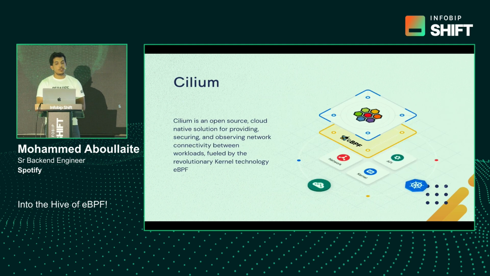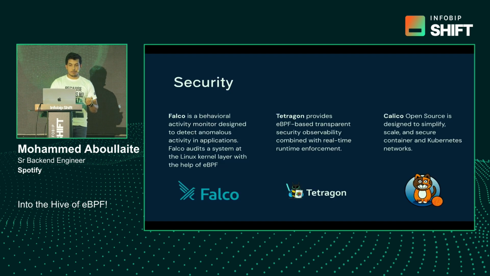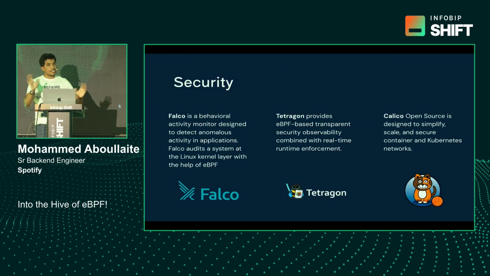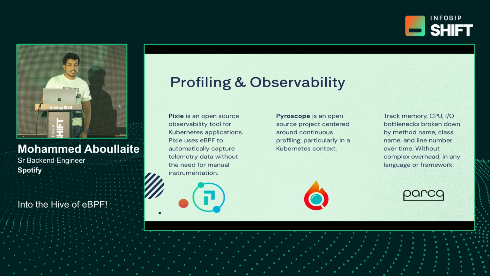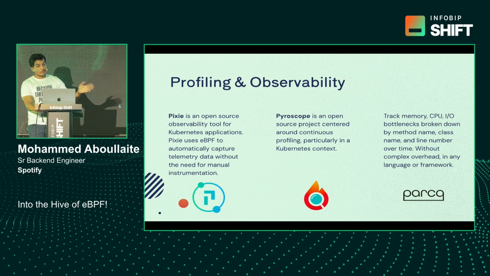Cilium, another tool very well known within the cloud-native community, is a load balancer and network optimizing tool that is based on eBPF. For security, there are a couple of options that you can use: Falco, Tetragon, Calico. All of them are open source and based on eBPF. They help you to tighten your cloud-native infrastructure. And then for profiling and observability, my favorite here is Pixie.